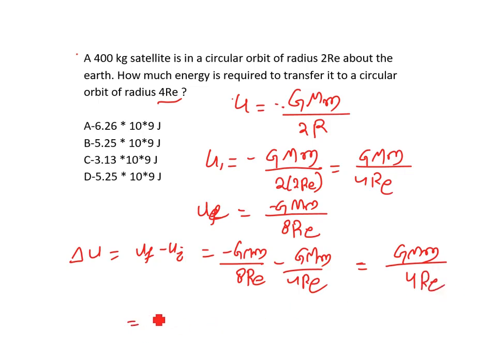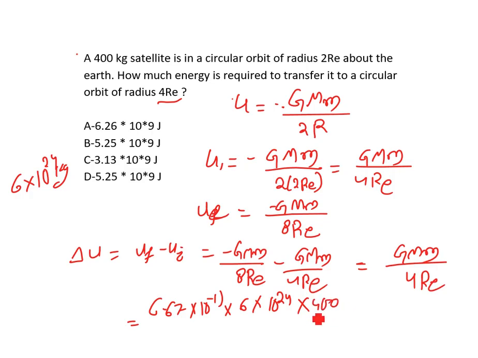Now if I put all these values, G is 6.67 into 10 to the power minus 11, and the mass of earth is 6 into 10 to the power 24 kg. We have to remember this. Small m is given as 400, divided by 4 into the radius of earth, which is 6400 kilometer. So I will write it similarly, 6400 in kilometer.